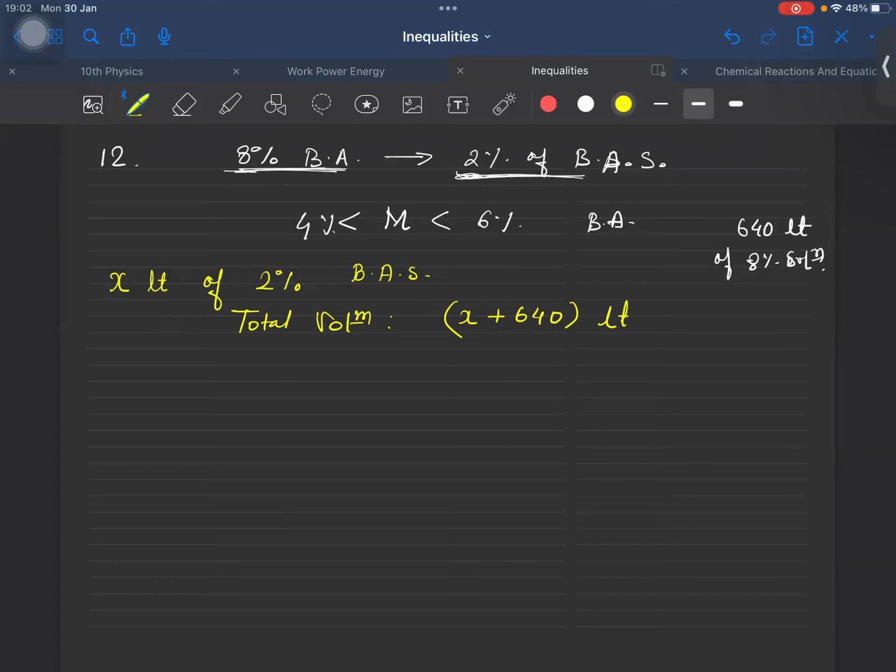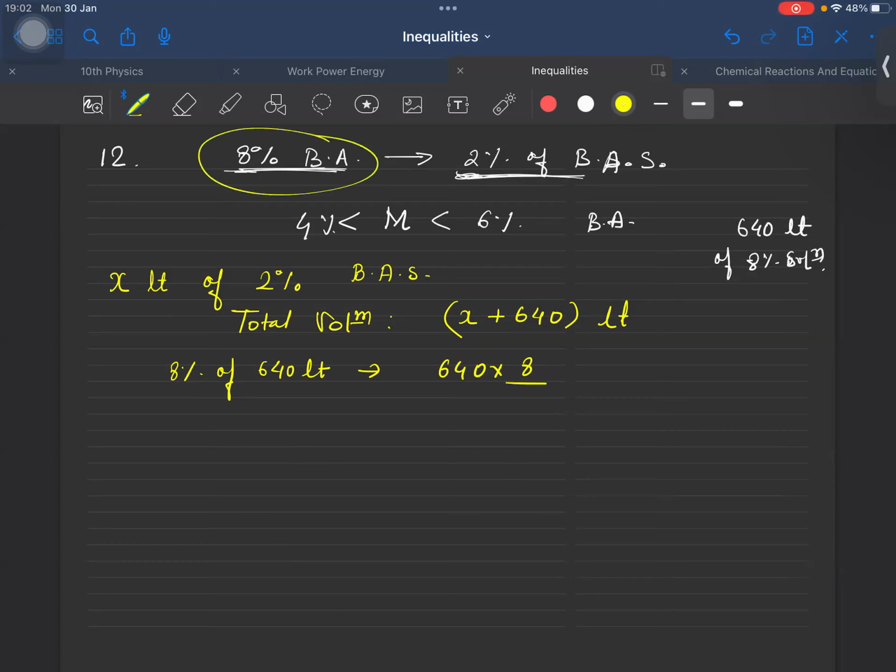So now we'll have x plus 640 liters. Now we need to find 8% of 640 liters, which will be 640 into 8, because 8% of the solution is there.